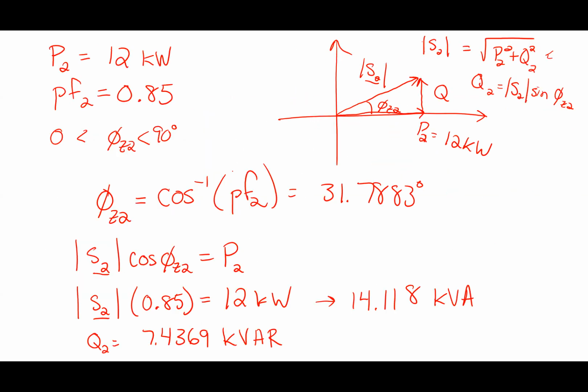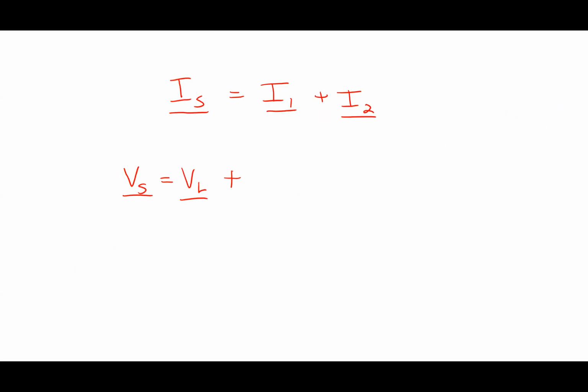IS times Z. So what's the Z of those two things in series? RS plus J omega LS. Why does everybody want to make it W? It's omega. So it's RS plus J omega LS. So that then gives me the phasor for whatever that voltage source is that I've got there.